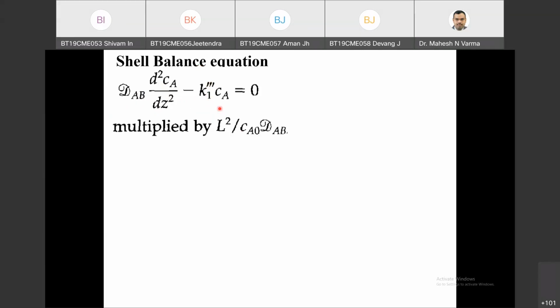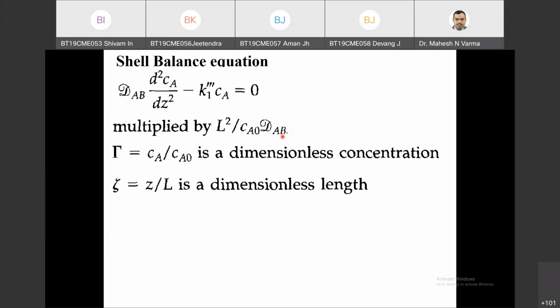Or multiply this equation by L square by C_A0 into D_AB, and use lambda as C_A by C_A0, which is the dimensionless concentration, and zeta as Z by capital L, which is the dimensionless length.